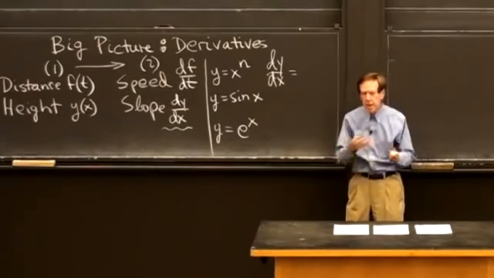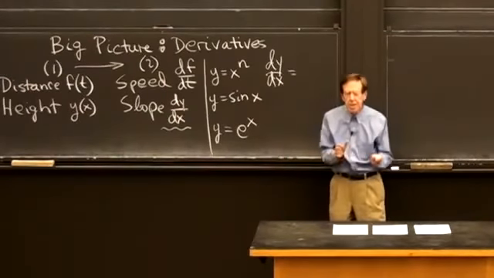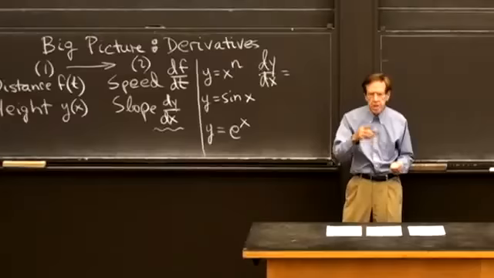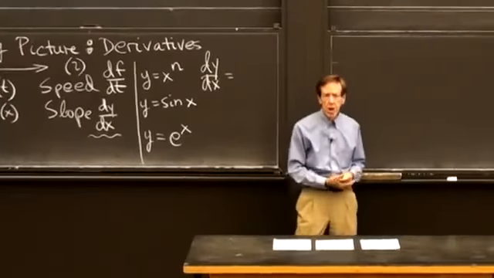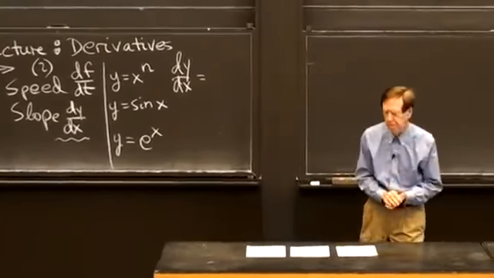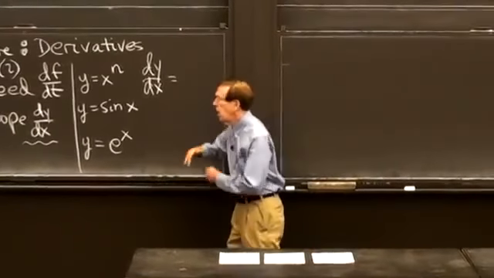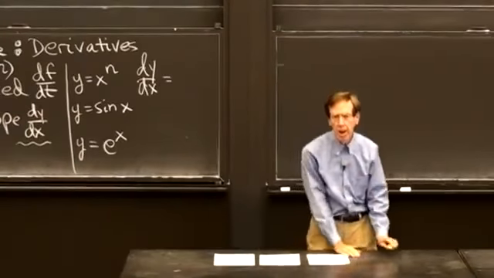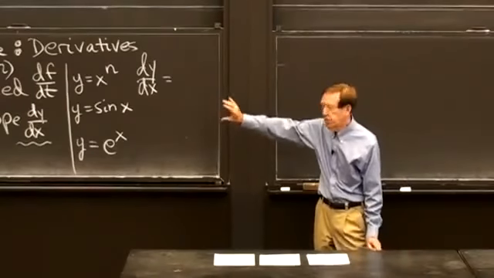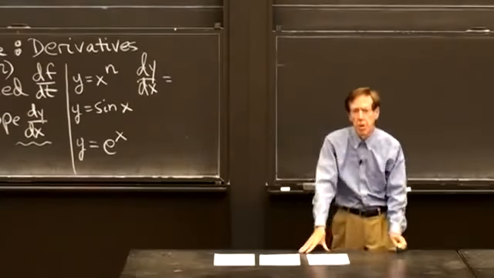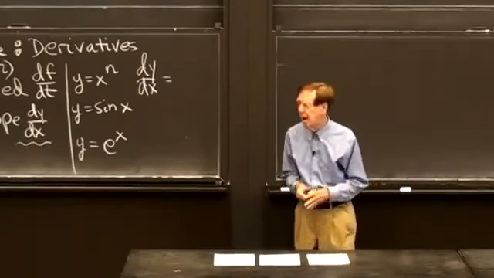So I'm putting e to the x together with sine x in a chain of functions, e to the sine of x. Then we need a chain rule. That's all coming. Let me even start by giving away the main facts for these 3 examples. Because there are 3 you want to remember, and might as well start now.